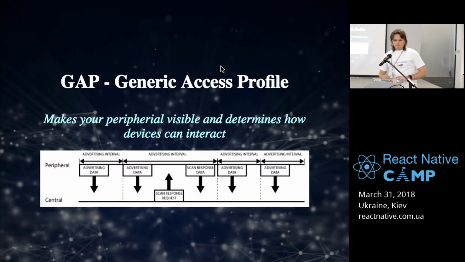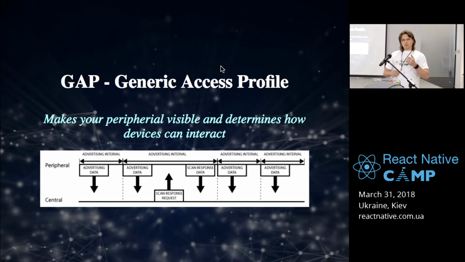So, what is GAP? GAP makes your peripheral visible and determines how devices are connected. So if you scan for devices and you see this device is available, it's GAP. You're not connected to the device, you just see that it's there, it's available, it's in range, right? So in terms of packets, we have an advertisement data packet that is transferred every couple of milliseconds.